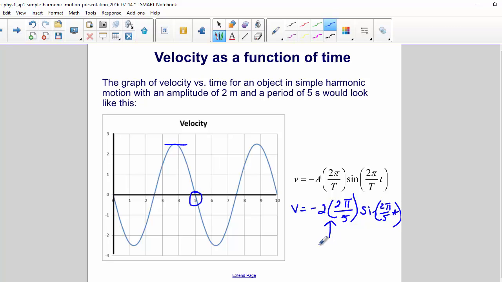So right here is 4 pi over 5, which is approximately 2.5. And we can see that the amplitude, meaning the maximum velocity, is about 2.5 meters per second.